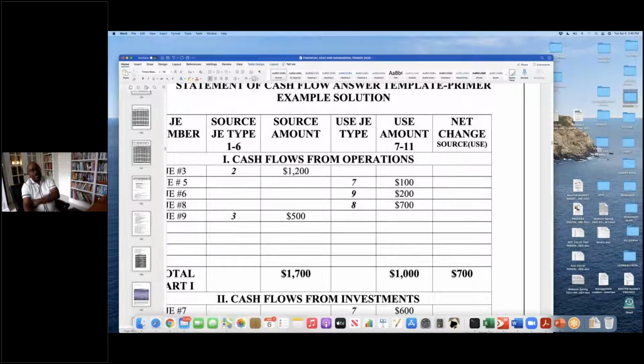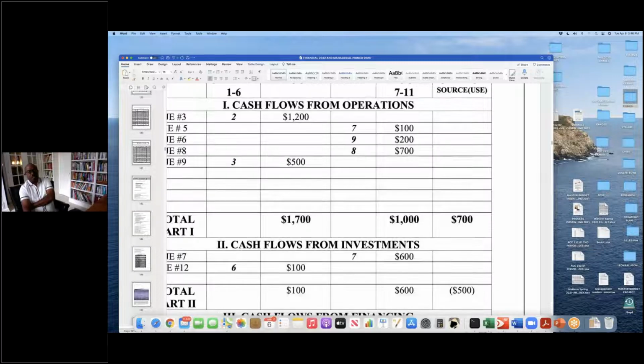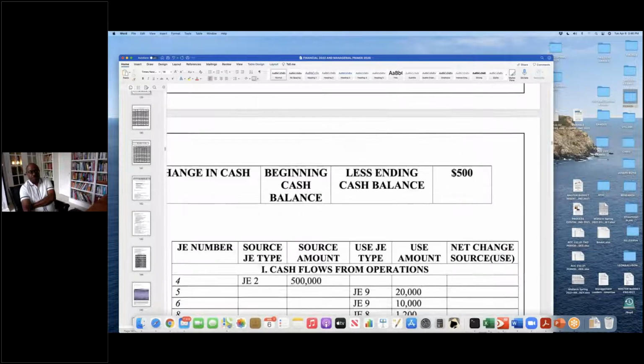If the journal entry type is 1 through 6, it's a source. If it's 7 through 11, it's a use. So it's already set up. At this point, whenever we're reading the transactions, we're just reading to see if it's 1 through 11 and going from there. Correct. 1 through 6 is a source. 7 through 11 is a use. Okay.